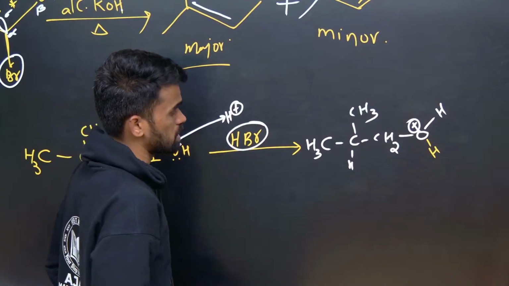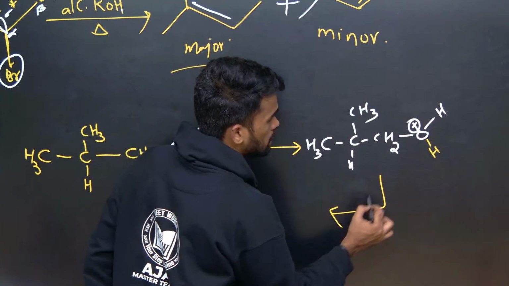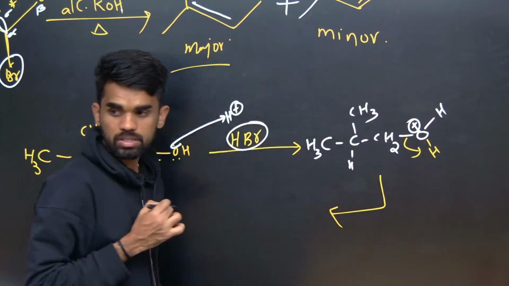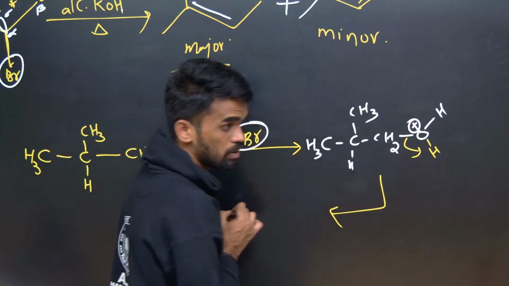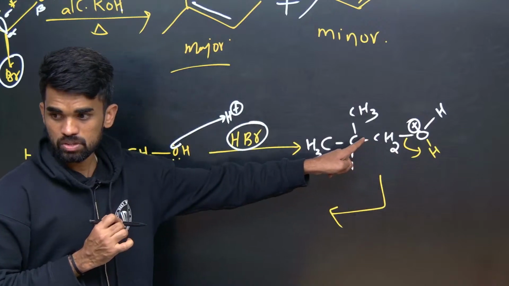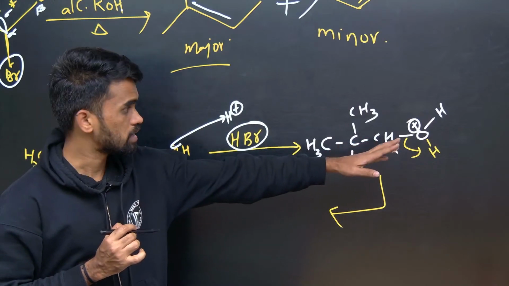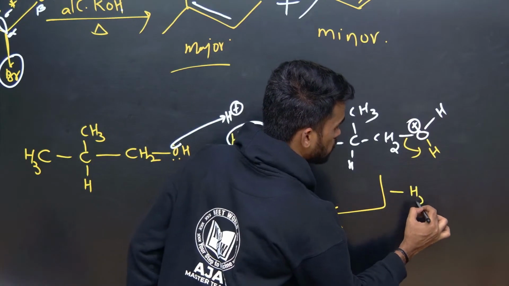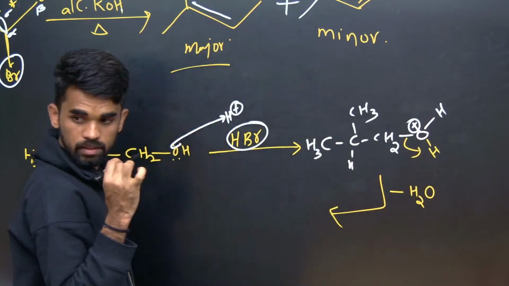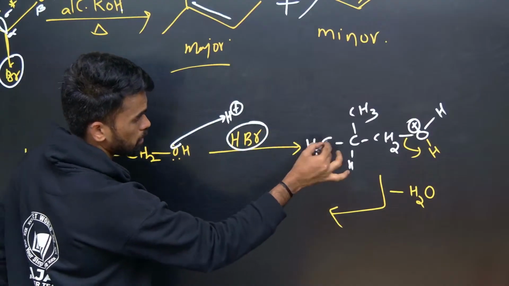During the process, this water will be removed, because oxygen having positive charge won't stay there. Oxygen is more electronegative than the carbon, so that's why it is leaving. It goes out as water. Now what is the remaining piece we have?